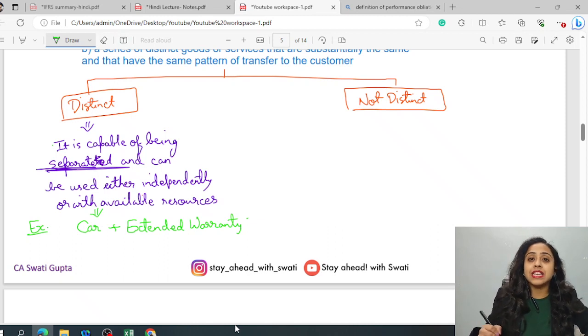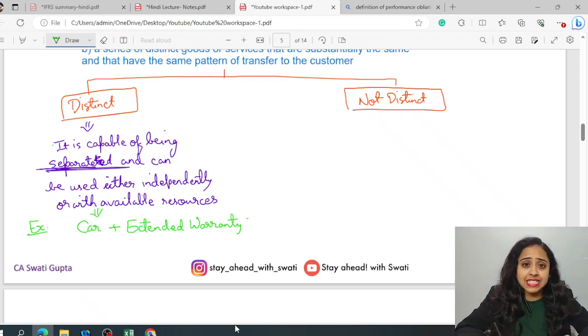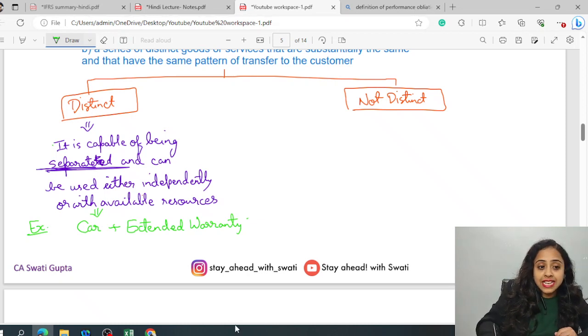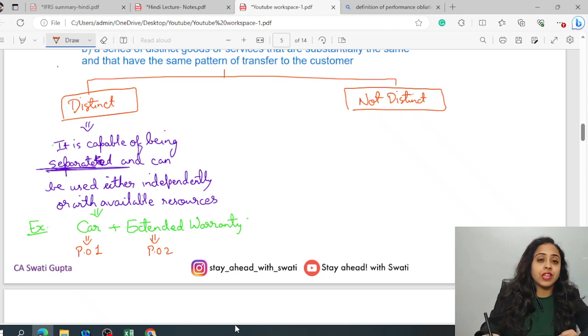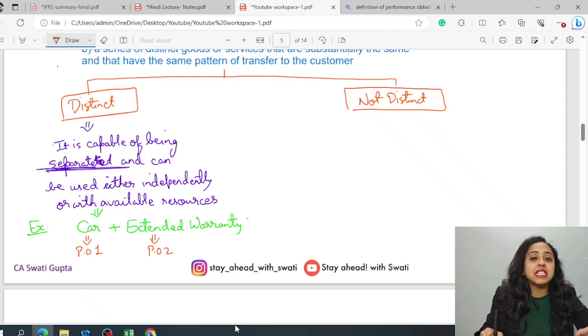The car can work without the extended warranty. For example, the buyer buys the car and 2 years later he decides to take up the extended warranty. He can then also buy it, depending upon the company. So we can easily conclude that here the car is performance obligation number 1, whereas the extended warranty is performance obligation 2. They are separate, they are distinct.